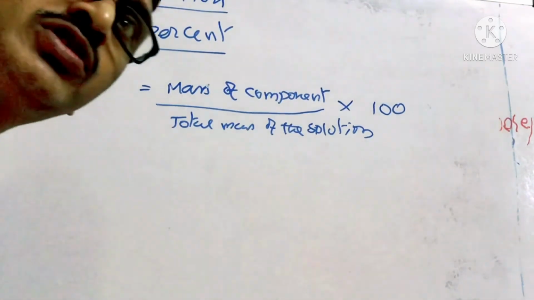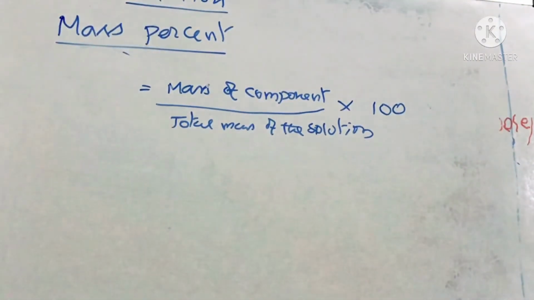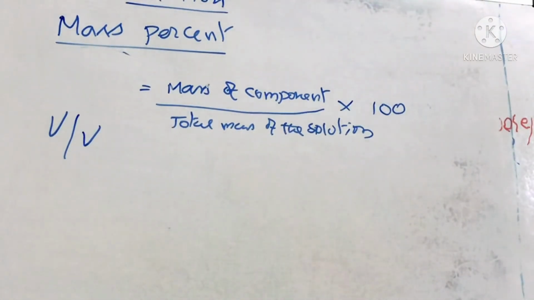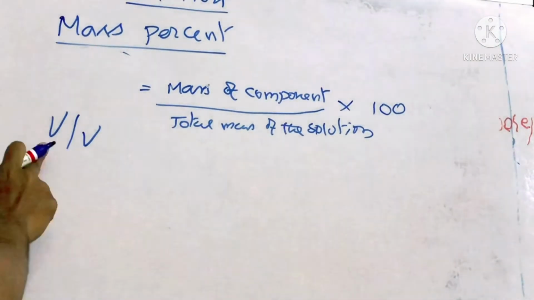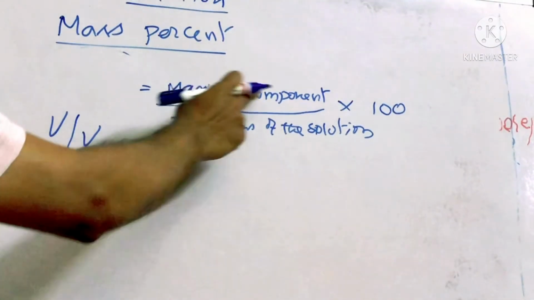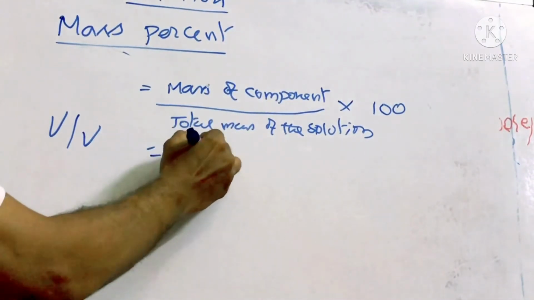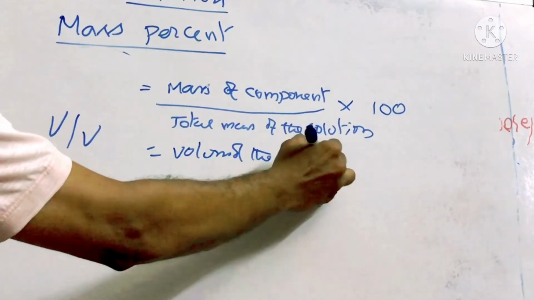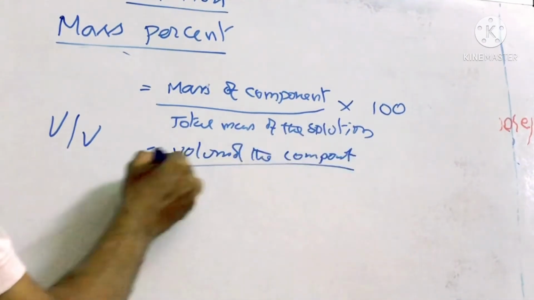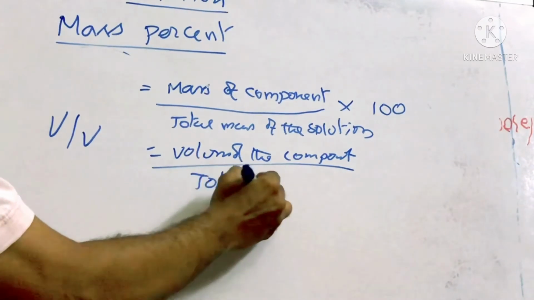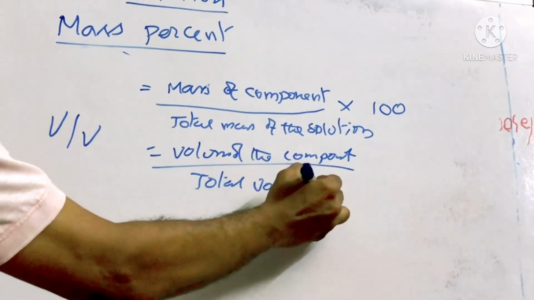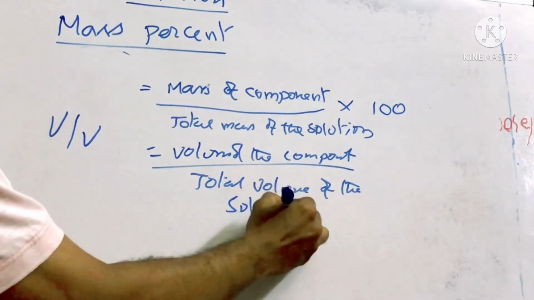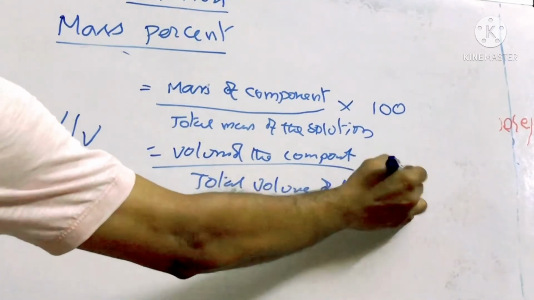So if you say V by V, then what will happen? Volume to volume. So you take this into volume. So volume of the component by total volume of the solution multiplied by 100.